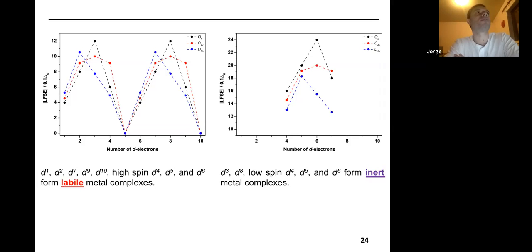If you have a periodic table with you, open it. Cobalt belongs to group 9. Therefore, cobalt 2 plus will be D7, while cobalt 3 plus will be D6.